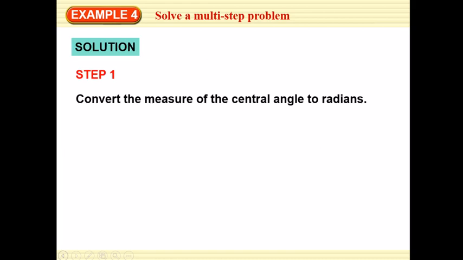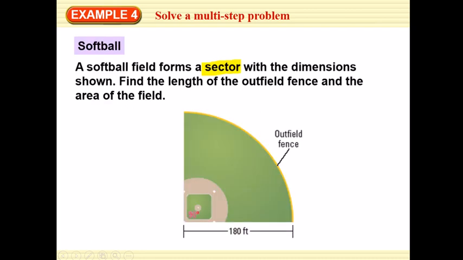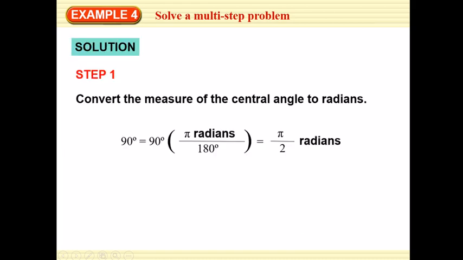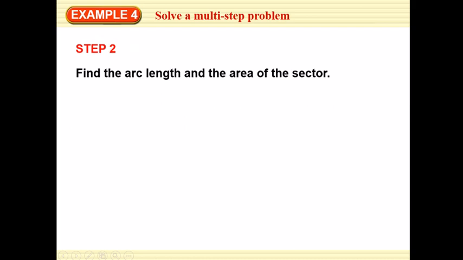So step 1, I need to convert the measure of the central angle to radians. Alright, so it is 90 degrees. That is my central angle. So when I convert it to radians, I get pi over 2. And step 2, find the arc length and the area of the sector. So there are a couple formulas in your book that we're going to need.